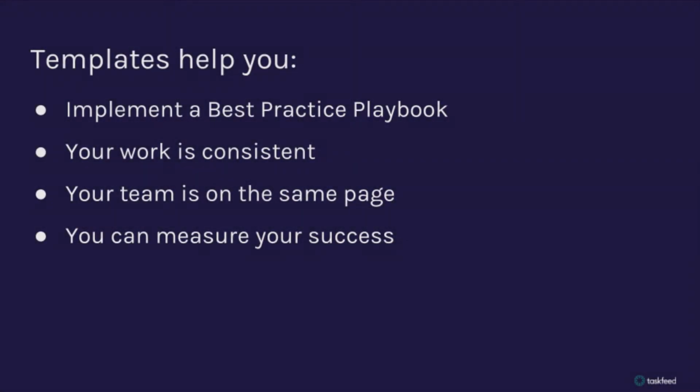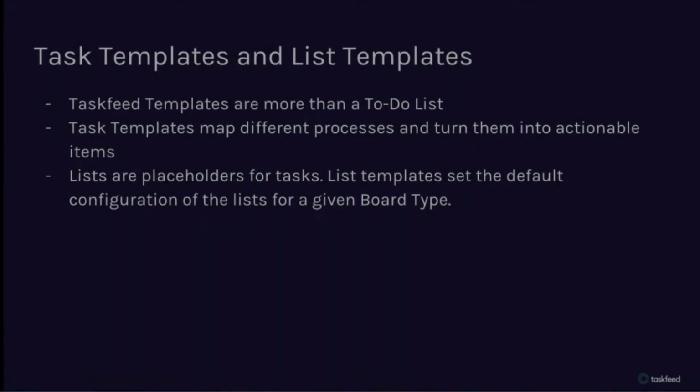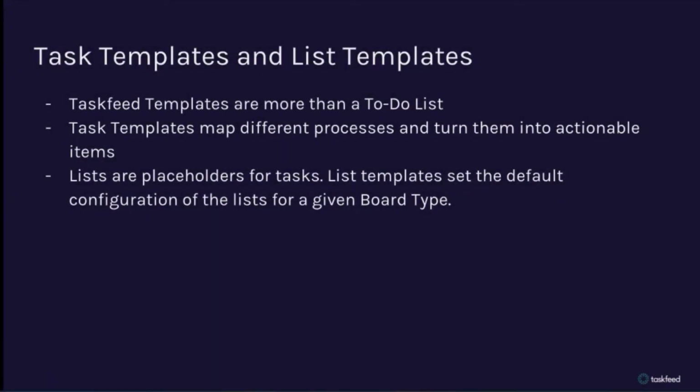But building a best practice playbook is important so everyone is on the same page, working on the same version, and you're giving yourself, your team, and your customers a delivery that is consistent and measurable over time. This is where Taskfeed templates come into play. Taskfeed templates are more than just creating a to-do list ahead of time.